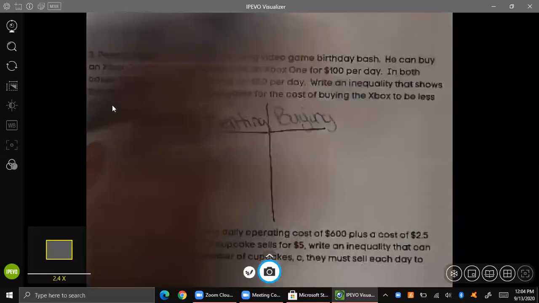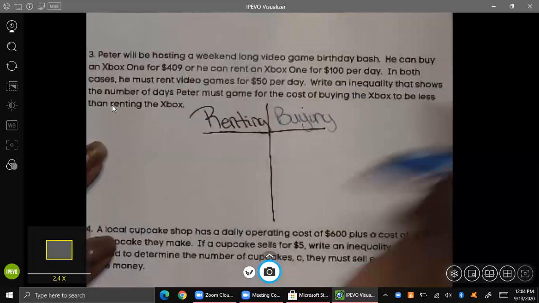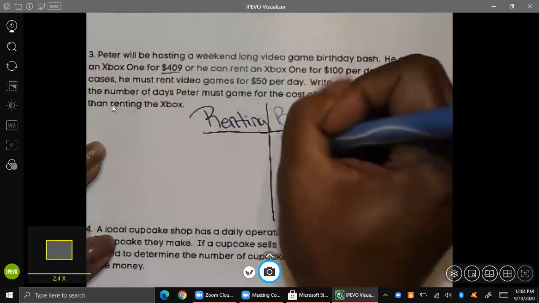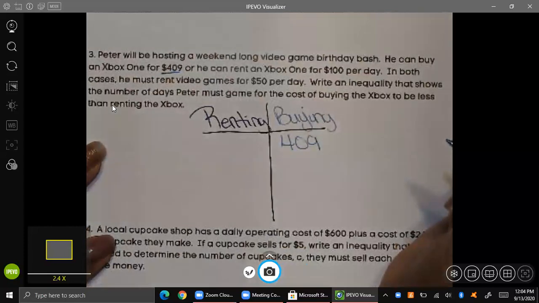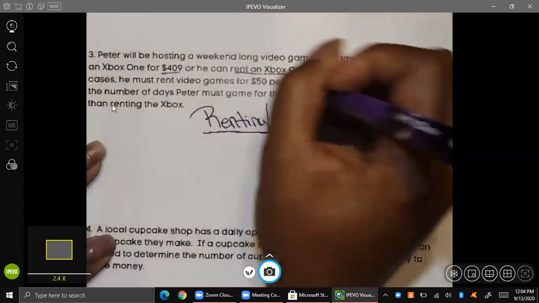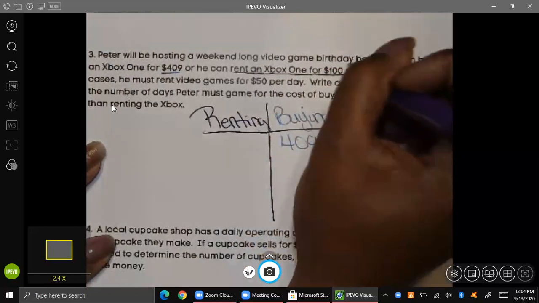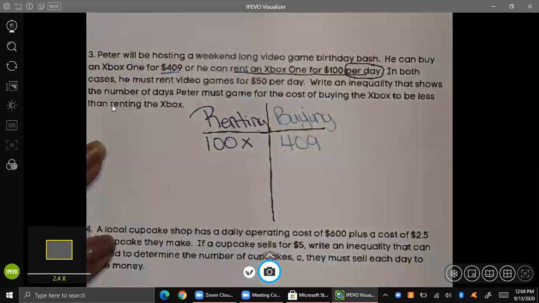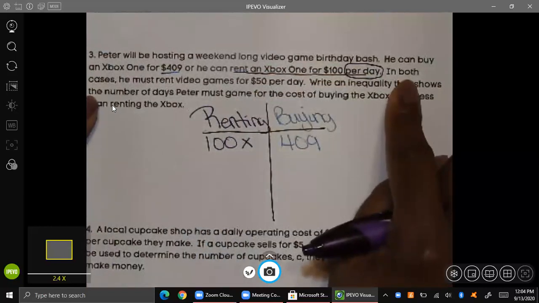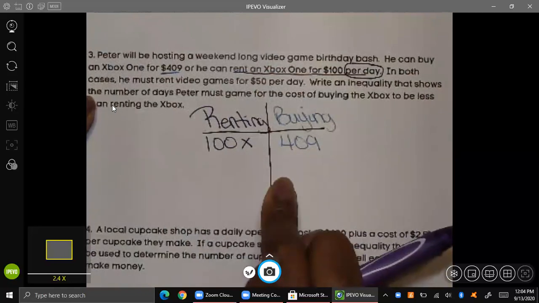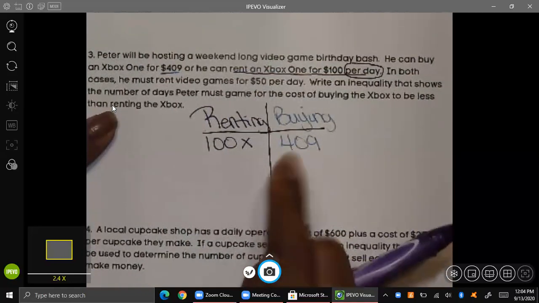So he can buy an Xbox for $409. Or he can rent for $100 per day. In both cases, whether he rents or buys, he needs to rent the rest of the video games for everyone else to play.